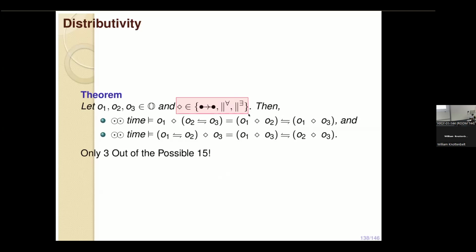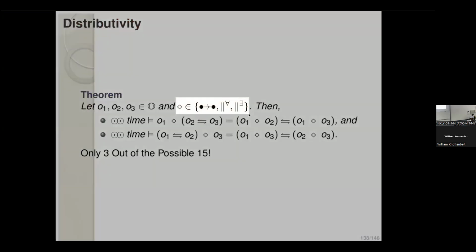Impressive is the name of the renderer that I'm using. So long as you are observing time, and that's this funny thing that we have here, these three operators distribute over probabilistic choice. That's what this theorem is saying, and that's distribution from both left and right.